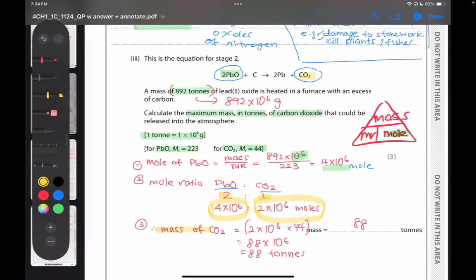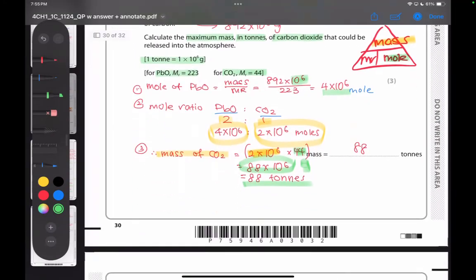And finally, to find the mass of carbon dioxide, since we are looking at mass, we multiply the moles, which is this one, by the Mr, also provided in the question. You end up with 88 tons. This step here is in grams, but converted to tons, it'll be 88.